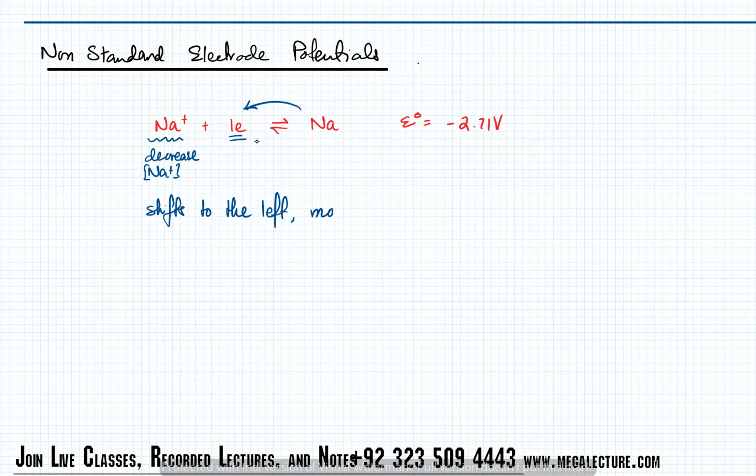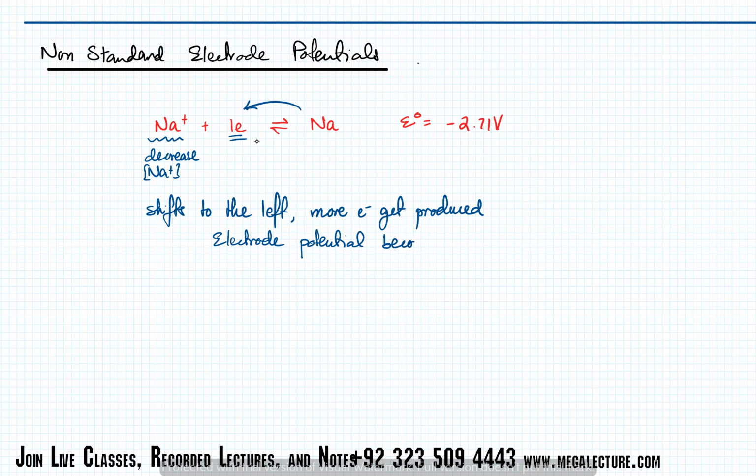So on your electrode, more electrons get produced. And hence your electrode potential becomes more negative because you got more electrons now on the electrode. So electrode potential becomes lower. Your new electrode potential is going to be less than your old electrode potential. It's going to be lower. It's going to be more negative.